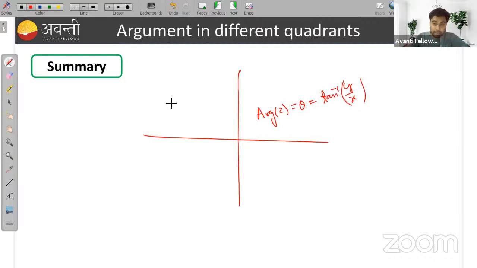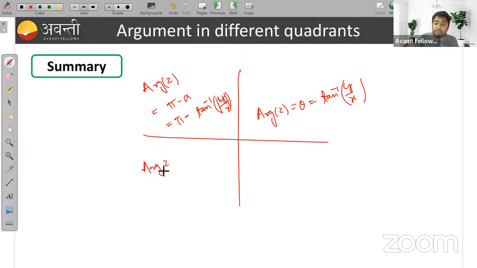In the second quadrant, the argument is pi minus alpha, or pi minus tan inverse of mod y upon x. Is it clear?